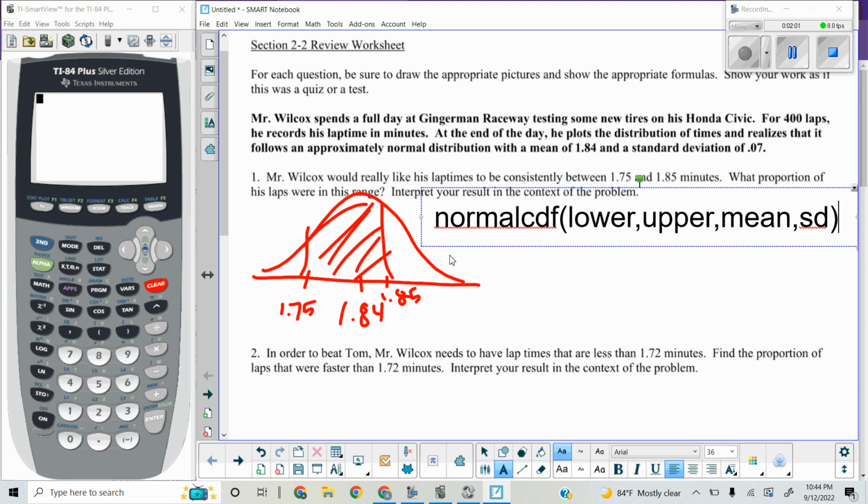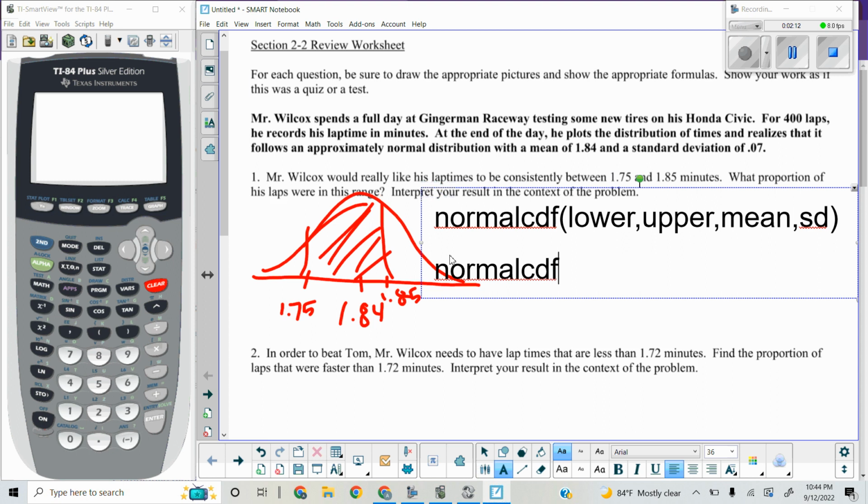So it's really doing the z-scores and the table A work for us. In this case, in our calculator, we would plug in normal CDF, and we would press 1.75 for our lower, comma 1.85 for our upper, comma 1.84 for our mean, and 0.07 for our standard deviation.